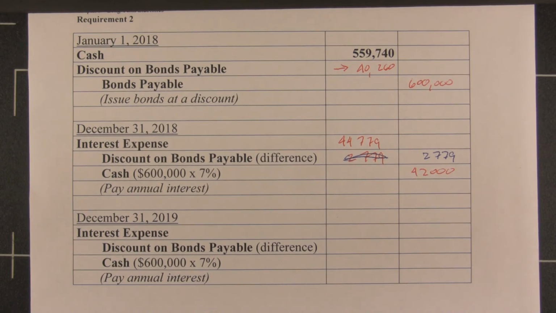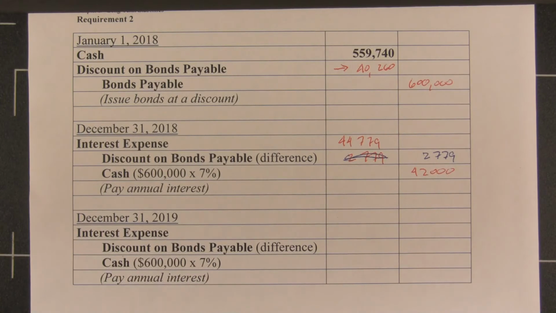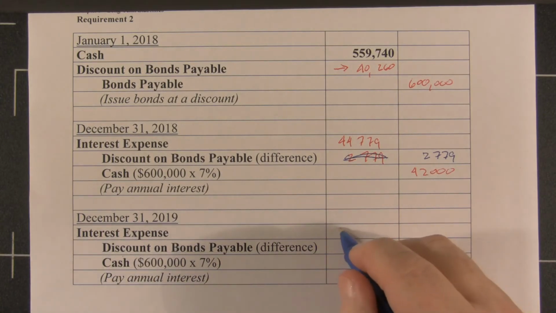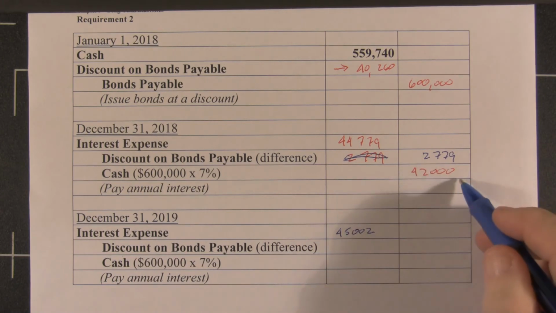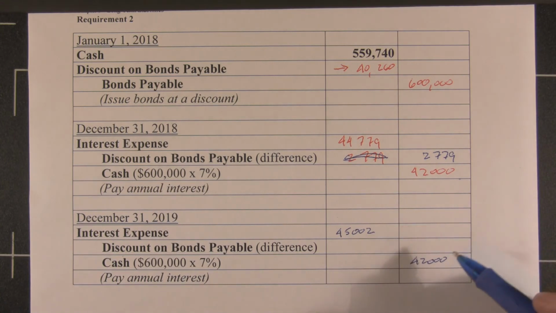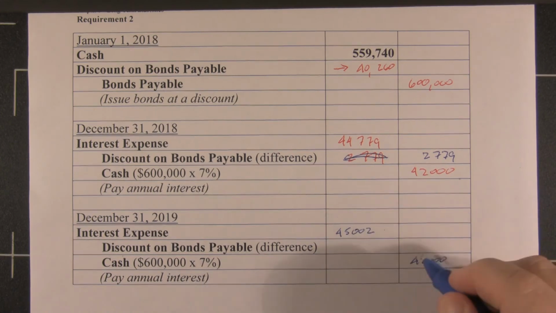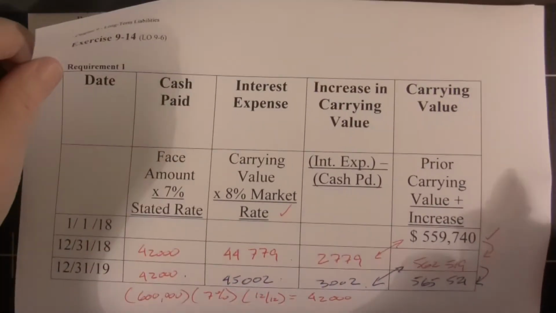So our interest expense should be $45,002. We're actually sending out 42,000. The difference between what we're spending and what we should be spending gets added to the carrying value of the bond.